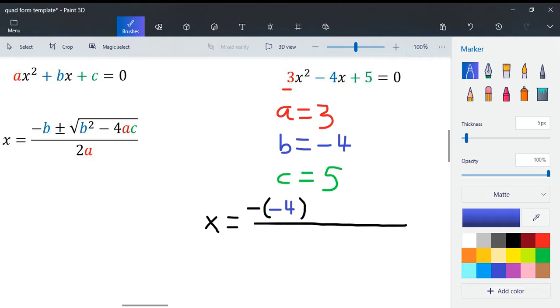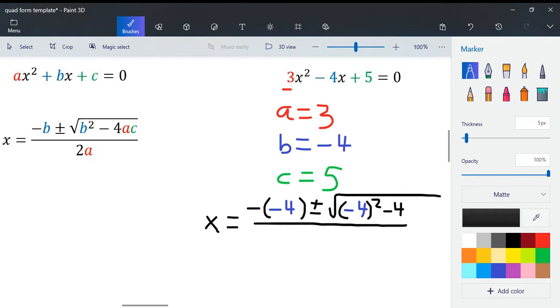Lots of people forget that double negative. Plus or minus the square root of your b again, squared. Again, you do need these parentheses. If you don't put those parentheses in and you use your calculator, it will give you the wrong answer.